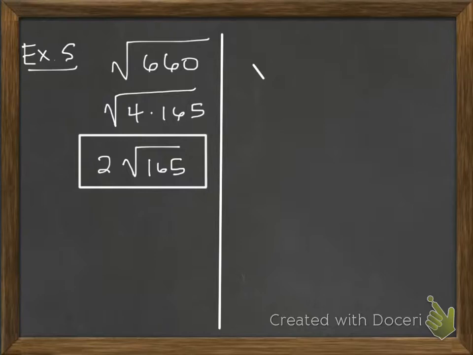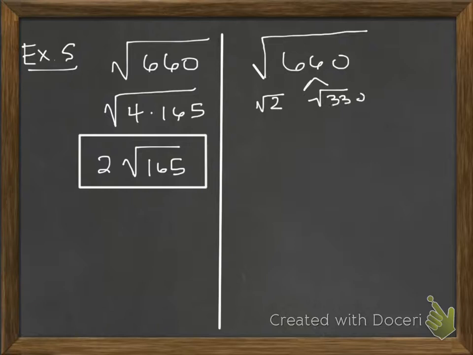Square root of 660, the long way. 2 and 330. He said square root of 2 and square root of 330. I did 2 and 6, 165. So 2, square root of 2, and square root of 165.